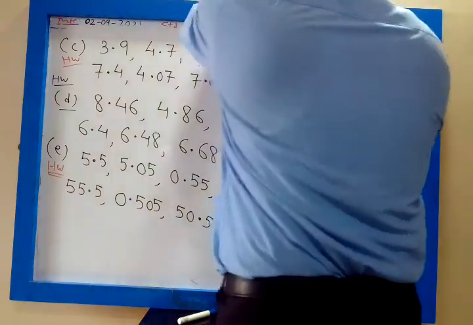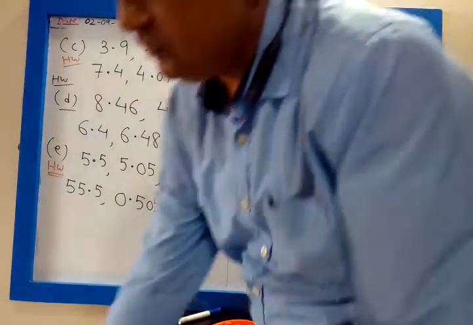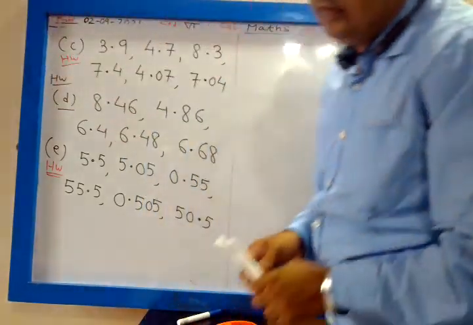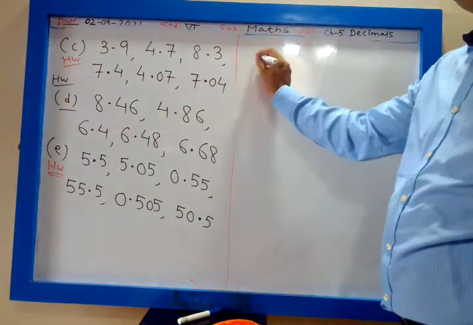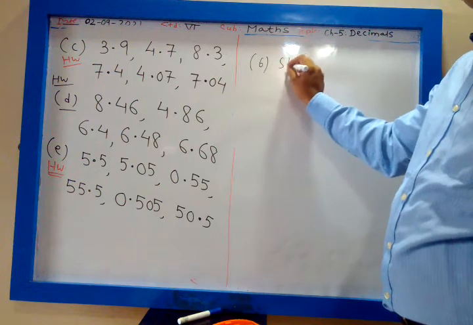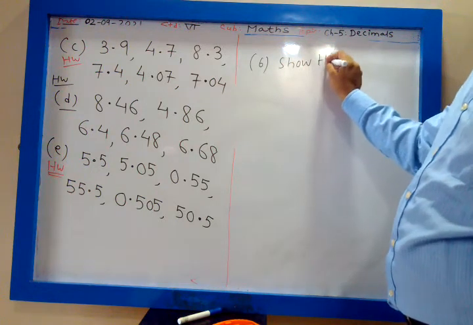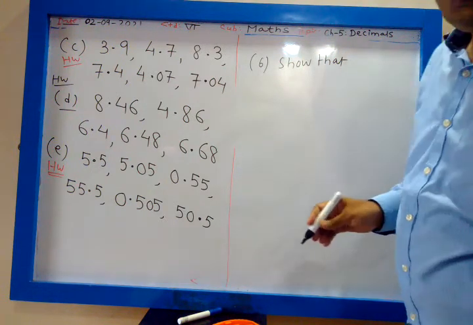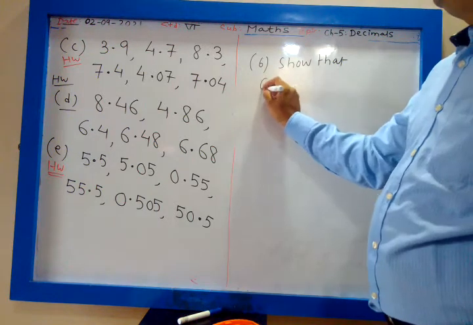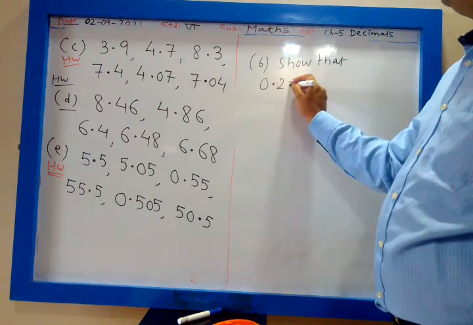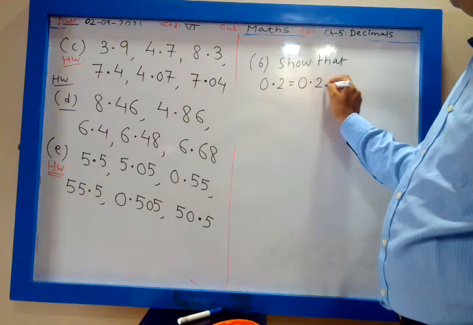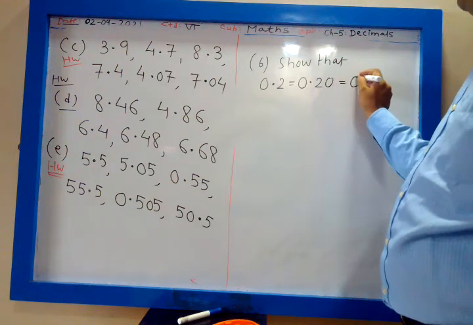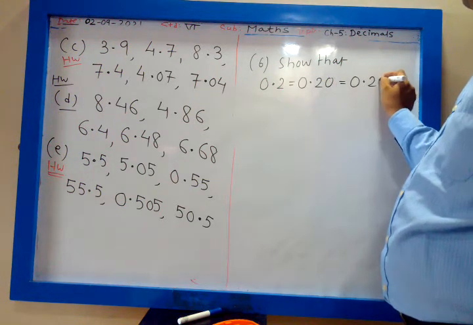The last problem we will do, then we will do the surprises. Now the last one, the sixth question. Show that 0.2 is equal to 0.20 is equal to 0.200.